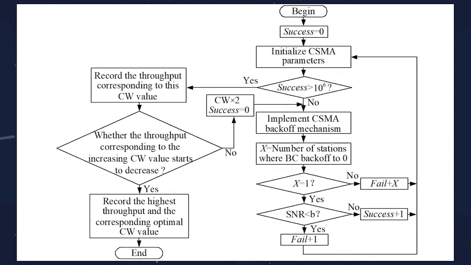In this process, if the backoff contention windows of X stations are reduced to 0, these stations will send, and if X is greater than 1, these packets will collide. If the transmission fails, the number of failures will be counted. And if X is equal to 1, the station will transmit in the channel.